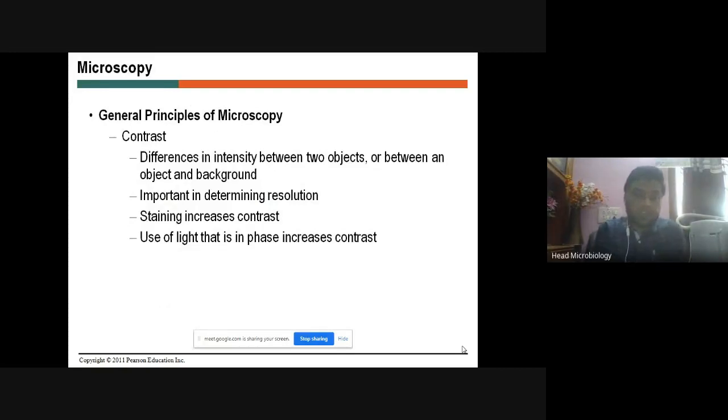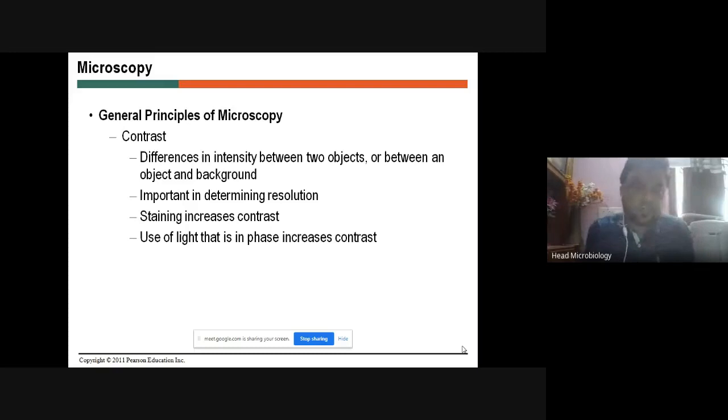Contrast is the difference in intensity between two objects or between an object and the background. I told you, if you can differentiate between the nucleus and the surrounding of a cell, that is called contrast. If you cannot differentiate between object and background or two components, then we say the contrast is not clear. Please adjust the contrast.